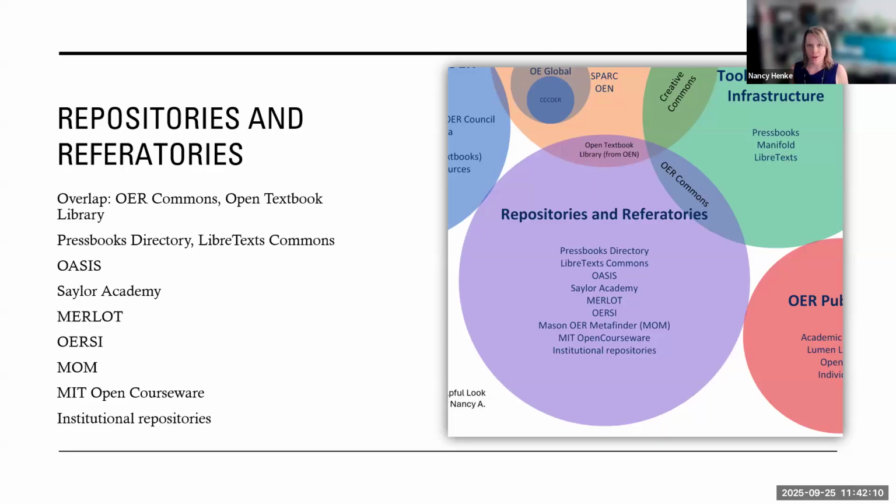Well, where do they put those OER when they're created, right? Maybe they use Pressbooks, create an OER with the help of libraries, right? And then you can put it in an institutional repository in addition to putting it in other repositories. So institutional repositories hold a lot of really good materials as well. So this is where we can see kind of the overlap. This stuff gets complicated. Okay, so we've done that.